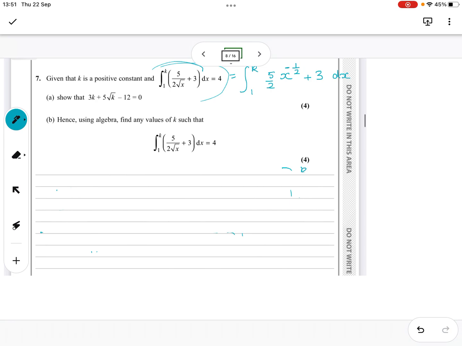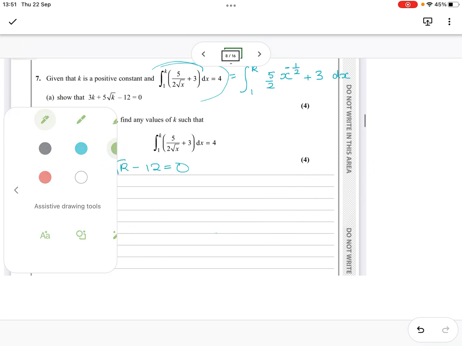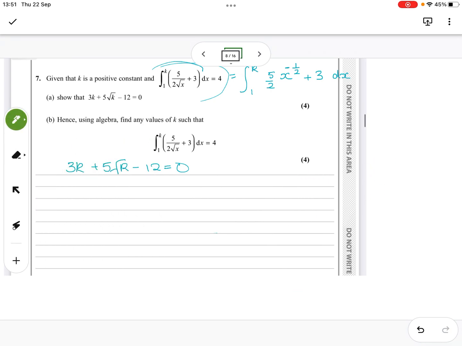If I didn't know how to do the first bit, then I would just use what was up here, so I've got something to solve. So I've got 3k plus 5 root k minus 12 equals 0. And what you need to do is to recognise that that is actually a hidden quadratic.